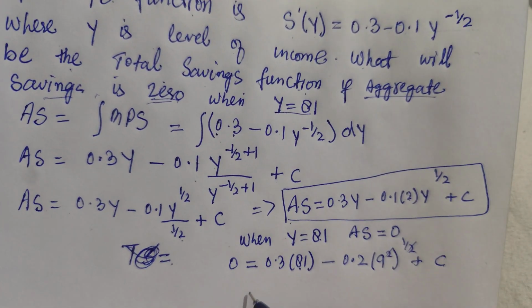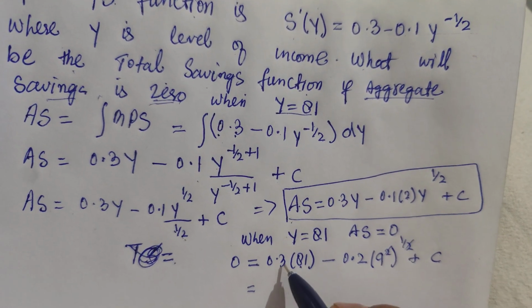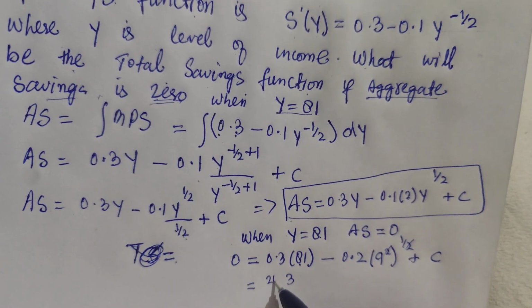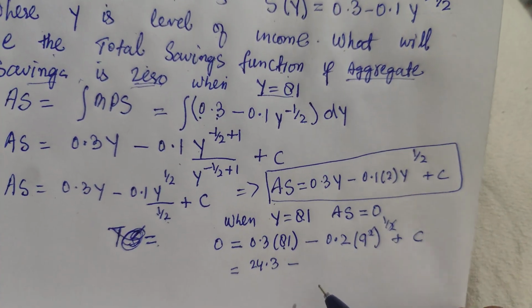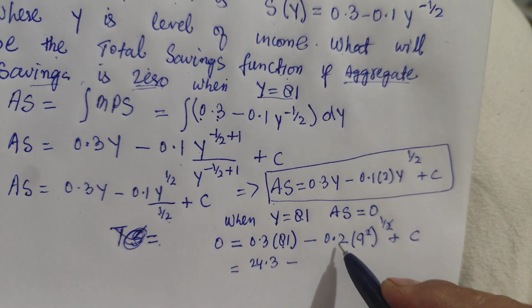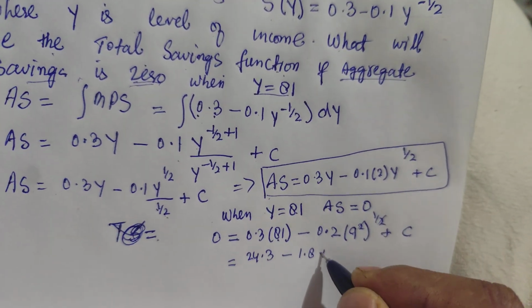So 3 times 1 is 3, 3 times 8 is 24, so we get 24.3 minus 0.2 times 9, which is 1.8, plus c.